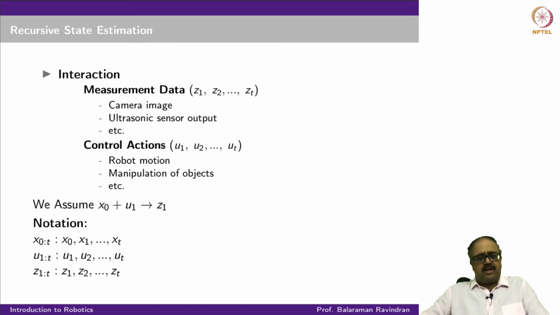So one small notational thing here, I'm going to assume that the first state you start out in is x0. So you know that you are in x0, then you take action U1. And then after that action, you make a measurement Z1, because x0 plus U1 would have moved you to x1.